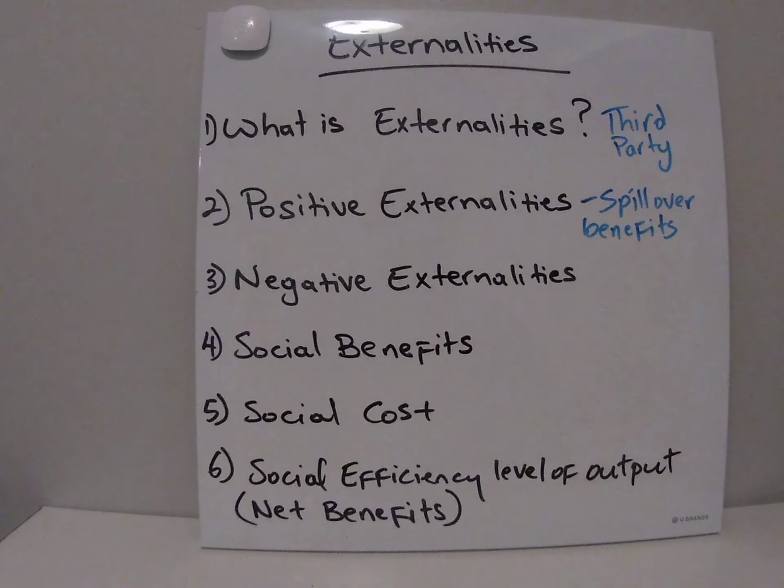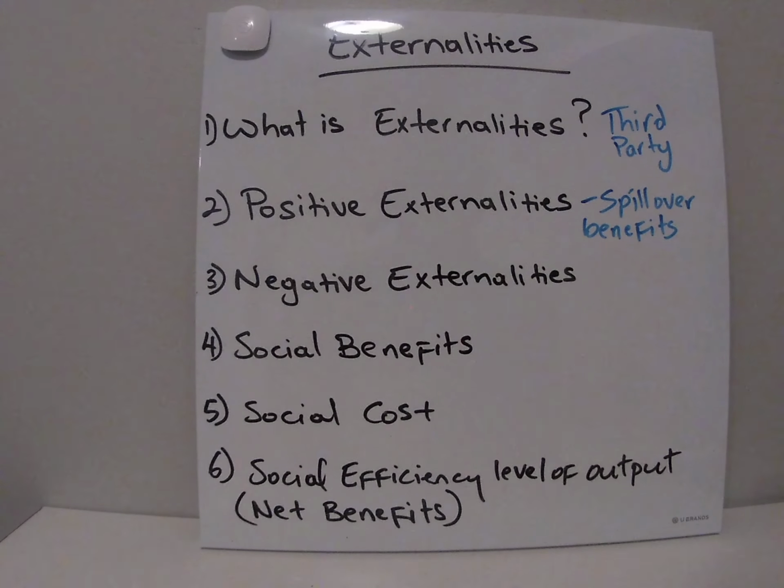You benefit from the spillover, from this purchase by your neighbor. So basically, the third party, which is you in this case, will benefit even though you're not a producer or a consumer of the particular good or service at hand.